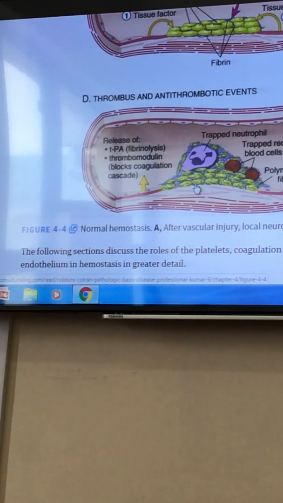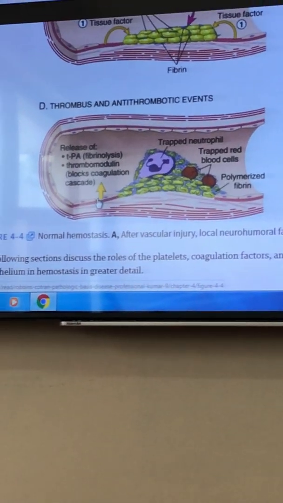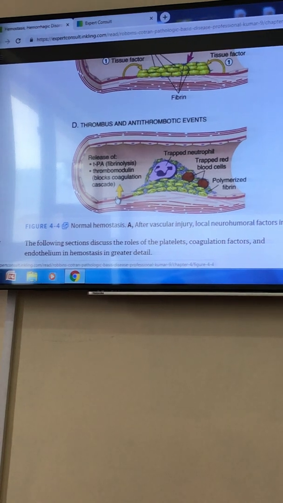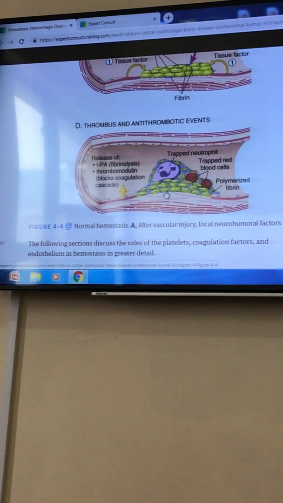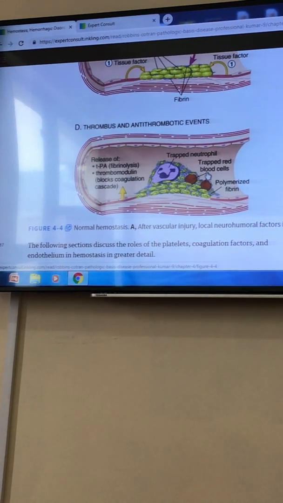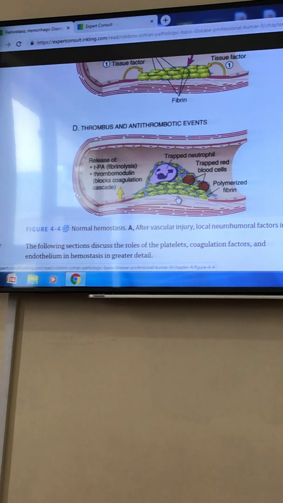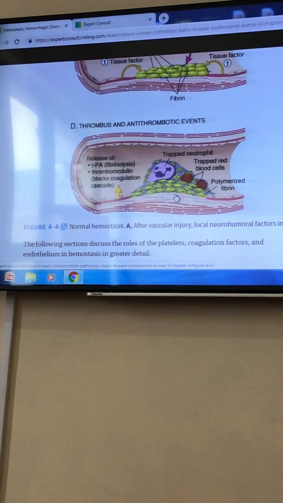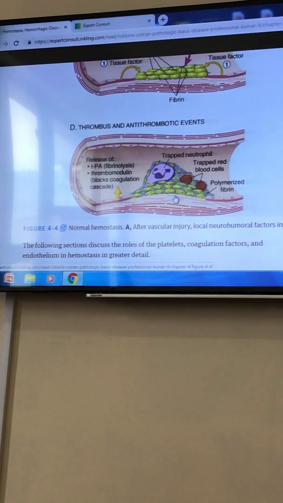But together with these thrombotic molecules, a healthy endothelial cell releases some molecules for lysis of this fibrin. Because this blood clot is not supposed to be present forever. It should disappear. It should become smaller and dissolve.